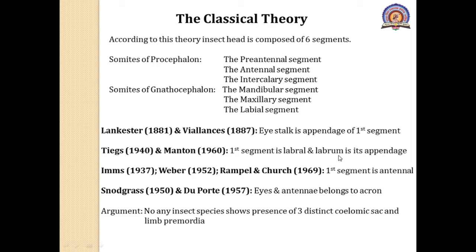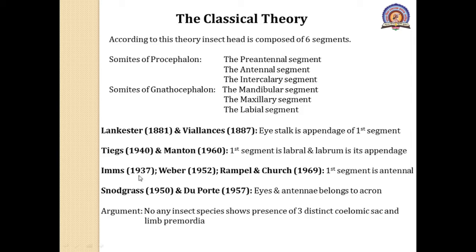There is also a group of workers, for example Eames, Weber, Rempel and Church, who suggest the first segment is the preantennal one bearing no appendage, which has been universally accepted.